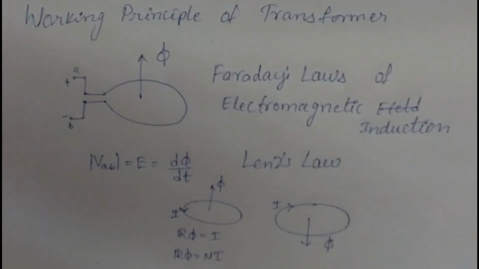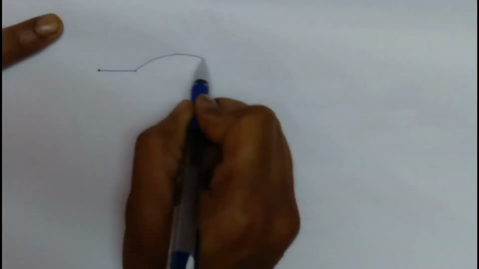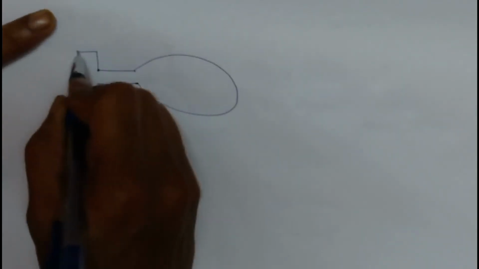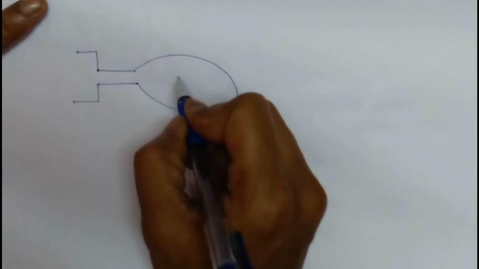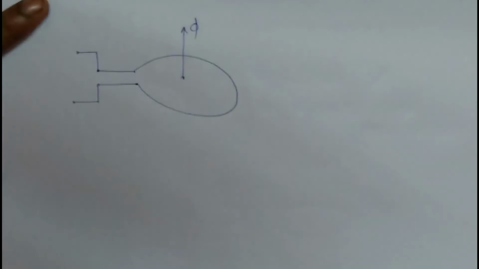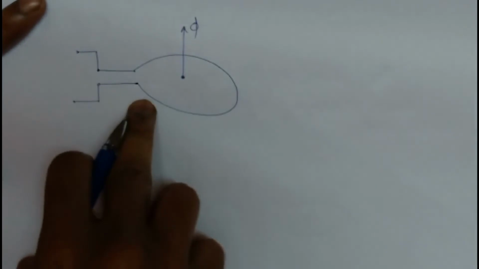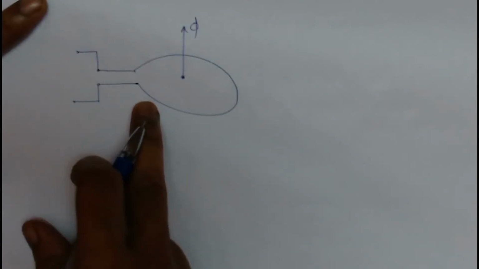Now what does Lenz's law state? Lenz's law in electromagnetism states that an induced electric current flows in a direction such that the current opposes the change that induced it.